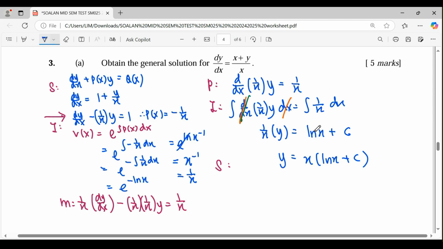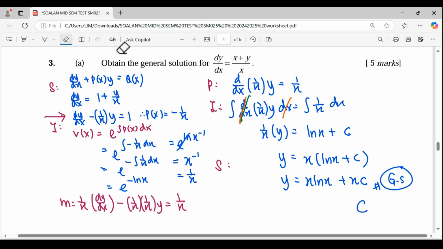Don't just times your ln x, your c at the back also needs it. Or we accept x ln x plus x times c. So that will be your general solution. And x times c cannot simplify to just c constant because x is a variable, c is a constant. When you x times c, it's just x times c. Unless you have constant times constant, then only it is a new constant.